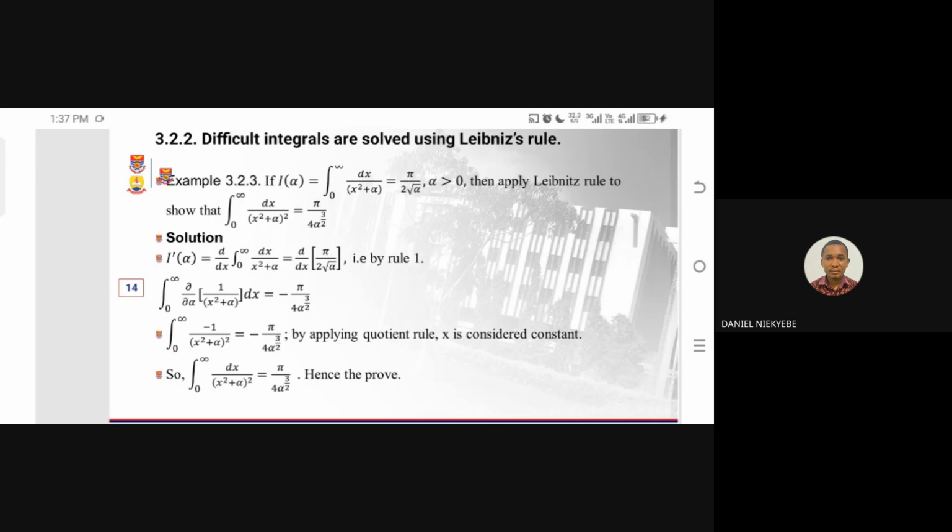We are saying use the Leibniz rule to show that the integral from 0 to infinity of dx over x squared plus alpha all squared is equal to pi all over 4 alpha to the power 3 over 2. I would want you to try it and let's see whether we are going to get the same thing.